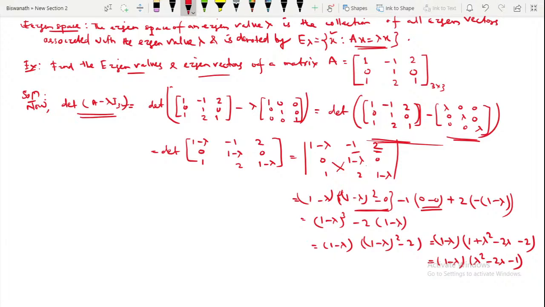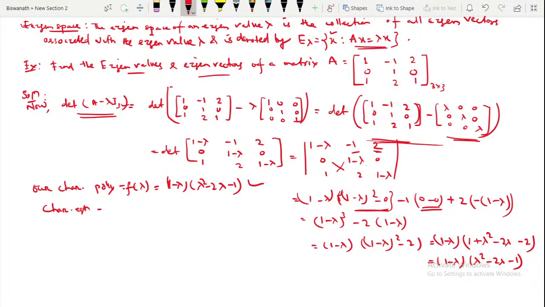That means our characteristic polynomial is f of lambda, which is equal to (1 minus lambda) whole into (lambda square minus 2 lambda minus 1). Then what is your characteristic equation?